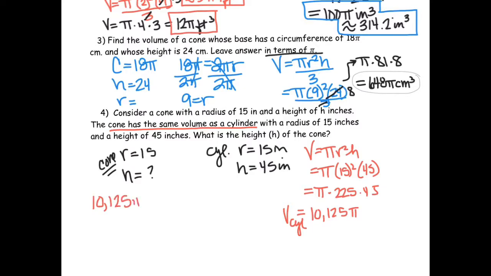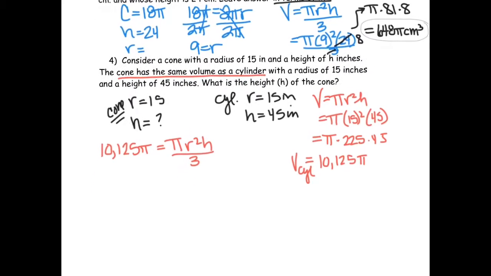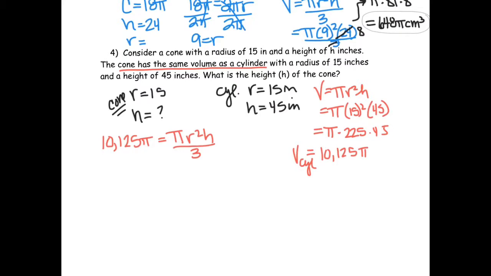So that means that the volume of the cone has to be 10,125 pi. Set that equal to the formula for a cone, which is pi r squared h all divided by 3, and plug in the values. Remember, we're solving for h.